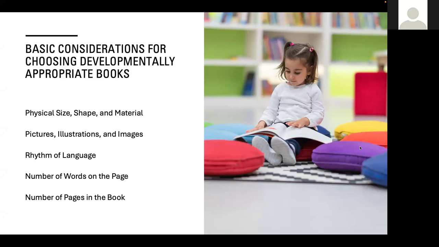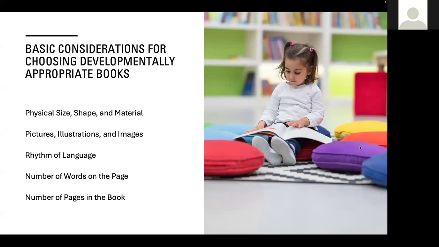Thinking about the number of words on the page, of course, for board books, there may be one or a few words on a page. There are, of course, wordless picture books. So we just want to keep in mind that we want that to match the developmental age of the child and range that we're selecting for in our story times.